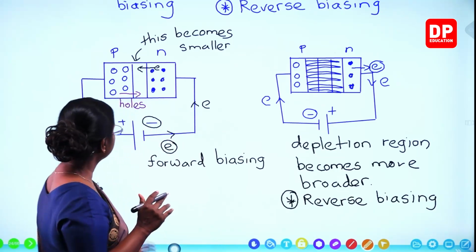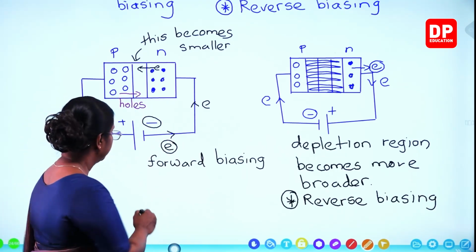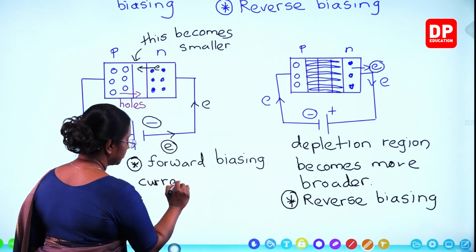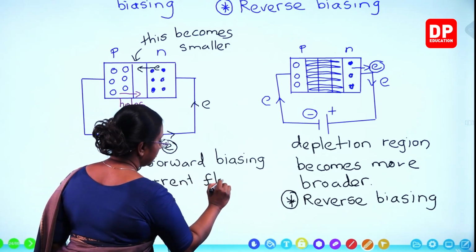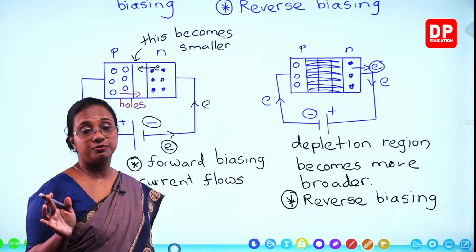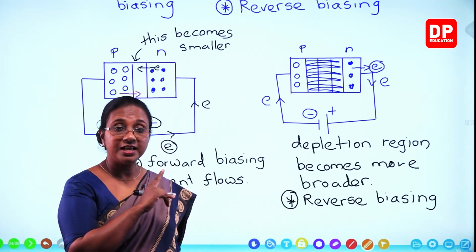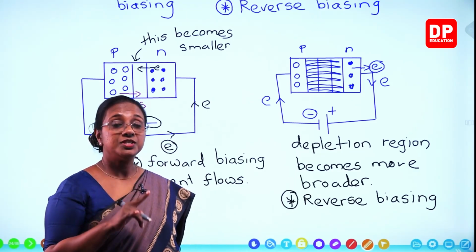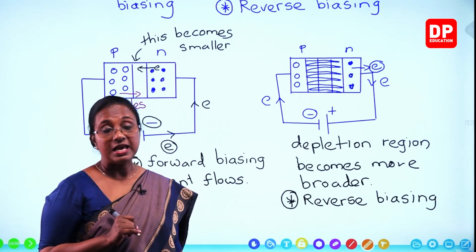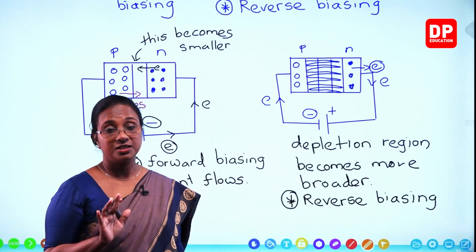So when a PN junction is forward biased, it allows current to flow. So forward biasing, current flows. Reverse biasing, there is no current flow. So only when the PN junction is connected in one method, positive terminal of the power supply to the P region of the PN junction, then there will be current flowing across the junction.